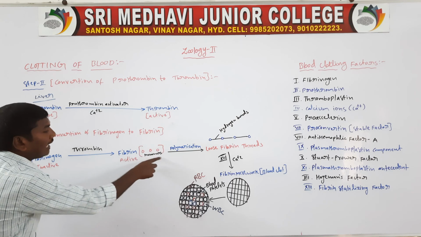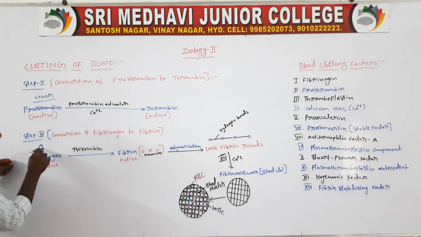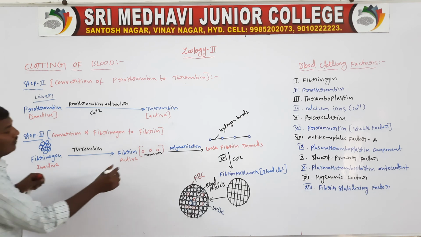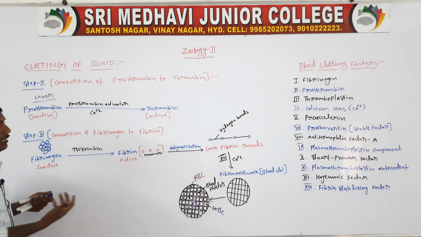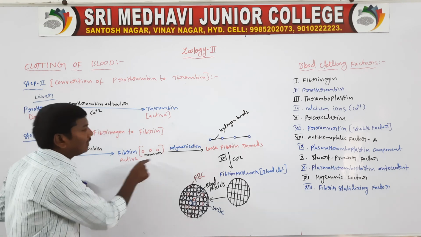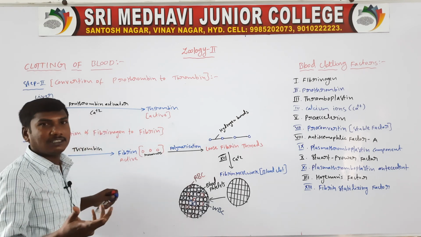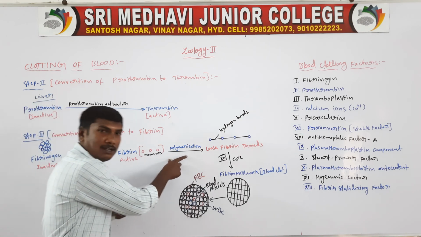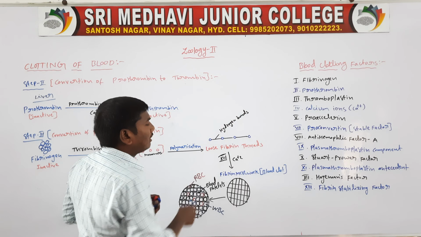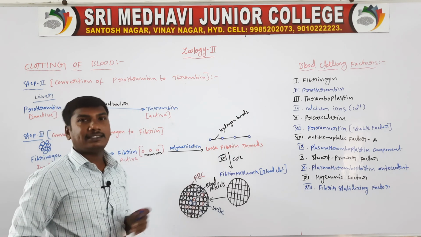These are like monomers, converting into fibrin monomers. Next, the fibrin monomers undergo polymerization, forming loose fibrin threads.